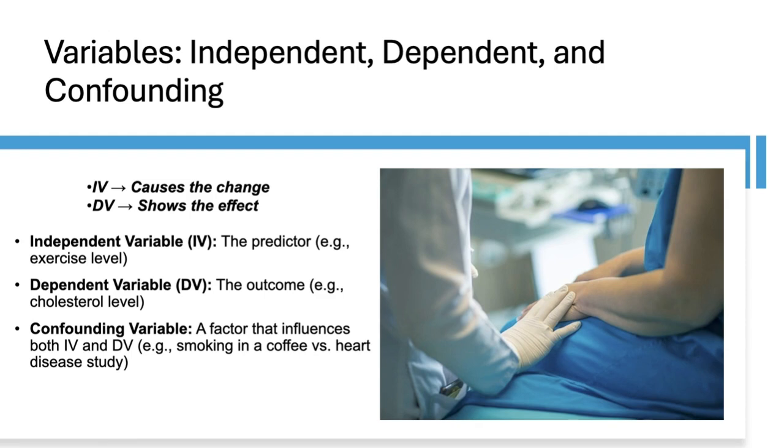As an example, let's suppose we had a study and wanted to study the effect of coffee, the independent variable, on the dependent variable, which we would conclude is heart disease. But the problem is that coffee drinkers also tend to smoke more. So smoking is a confounding variable because it has an effect on heart disease, increasing risk independently of coffee consumption.